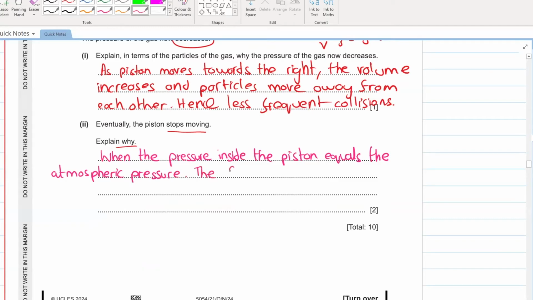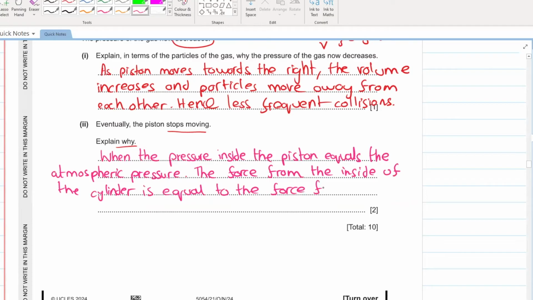The force from the inside of the cylinder is equal to the force from outside.